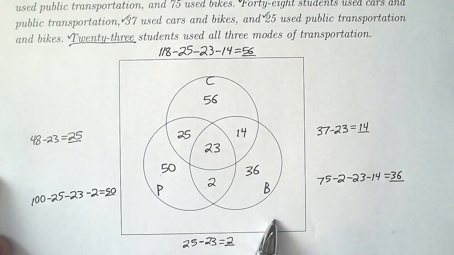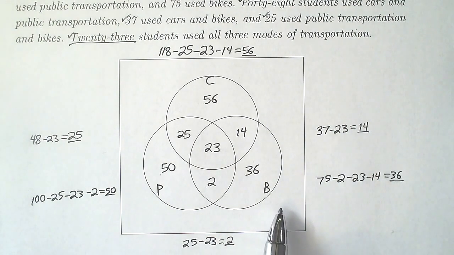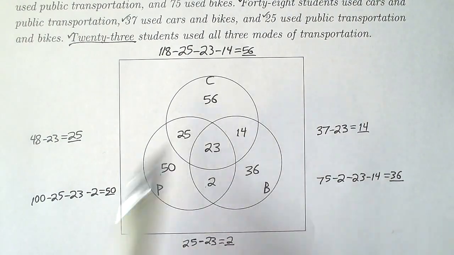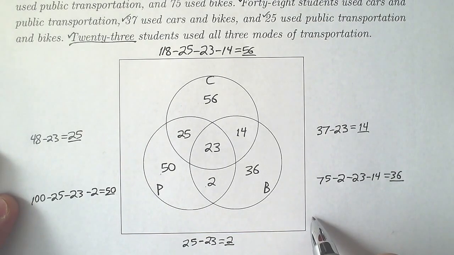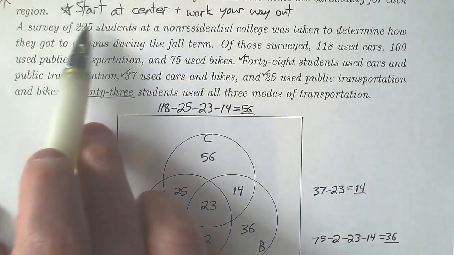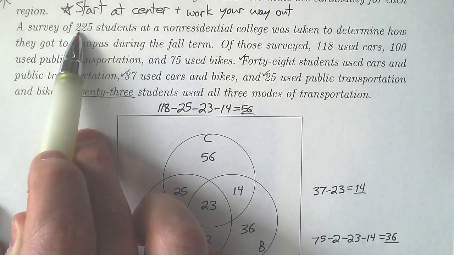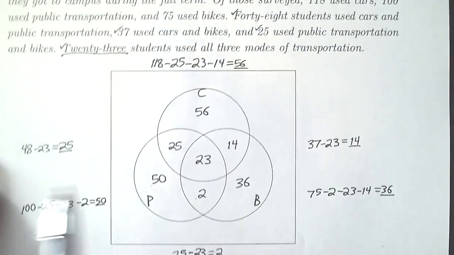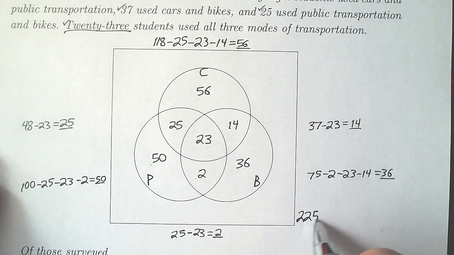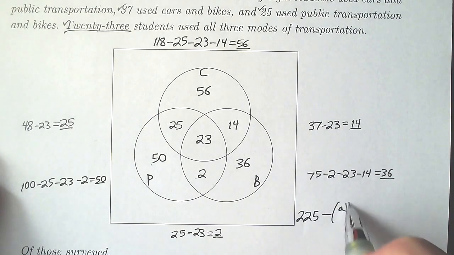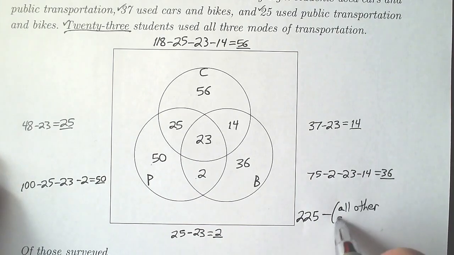Still one more category to go. We need some kind of number out here. And it's possible maybe the number out here could be 0. It could be that maybe all the students are accounted for. We don't know yet. So to find out the outer category, there was a number we haven't used yet. It's the 225 total number of students who were surveyed. But don't put 225 here. You have to do 225 minus all other categories.